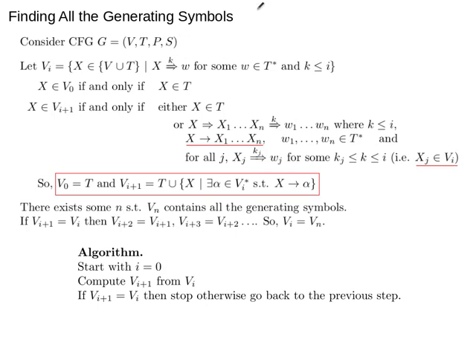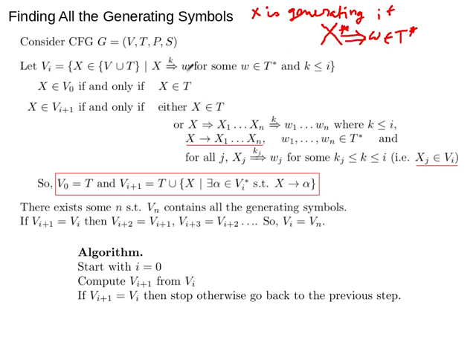So X is generating if from X you have something over terminals, and this is a multi-step process, right? It can take any number of steps. There's a star here. Okay.